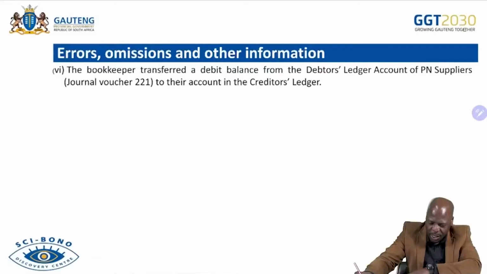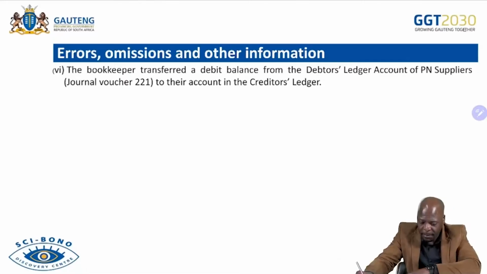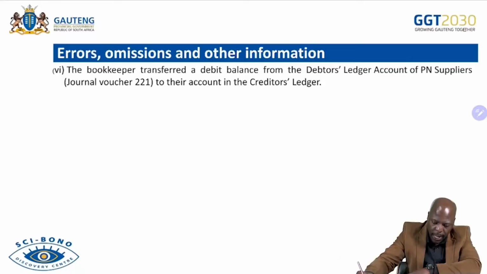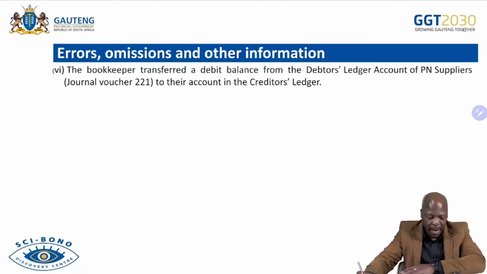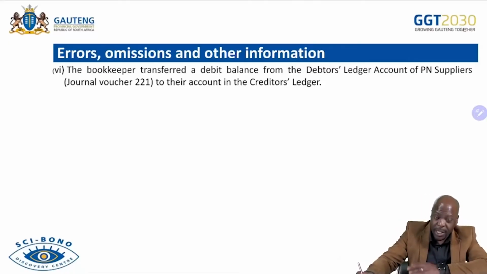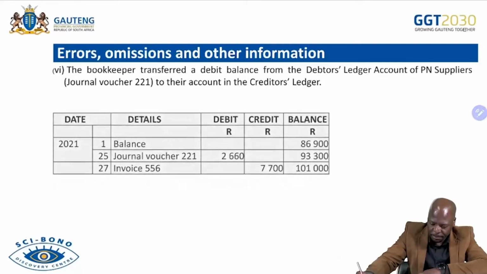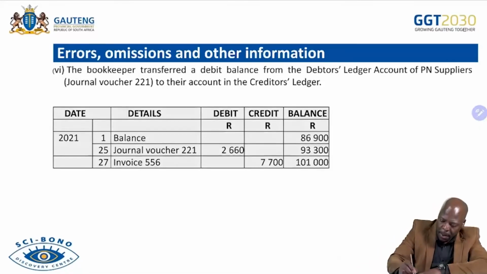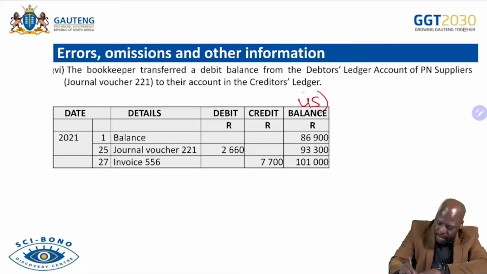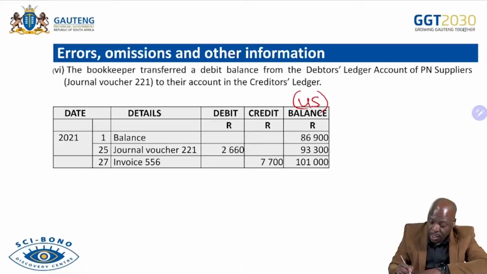Here's the next one. Number 6, the bookkeeper transferred a debit balance from the debtors ledger account of PN suppliers. Okay, and if the bookkeeper transfers a debit balance, remember what we did with the first transaction that we did earlier on. The bookkeeper transferred a debit balance from the debtors ledger of PN suppliers to the account in the creditors ledger. All right, so remember this is by us, and we transferred a debit balance in the debtors ledger.